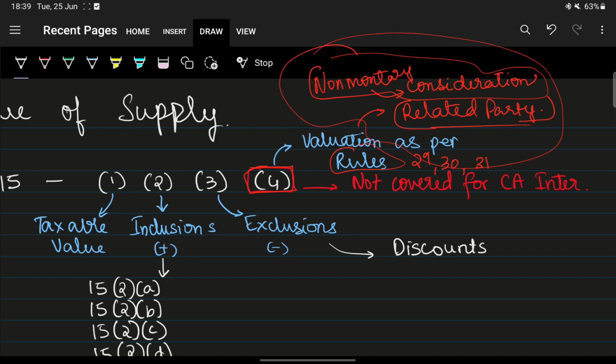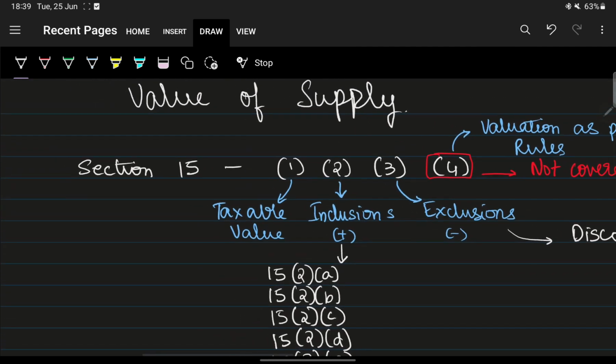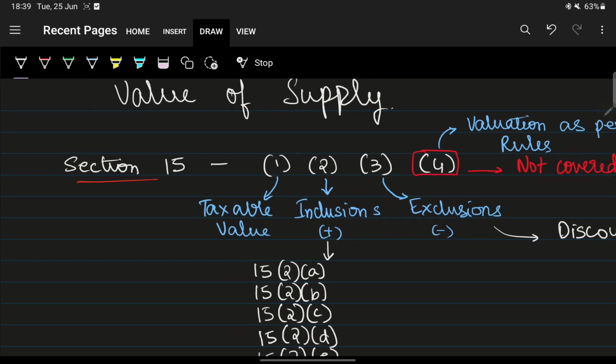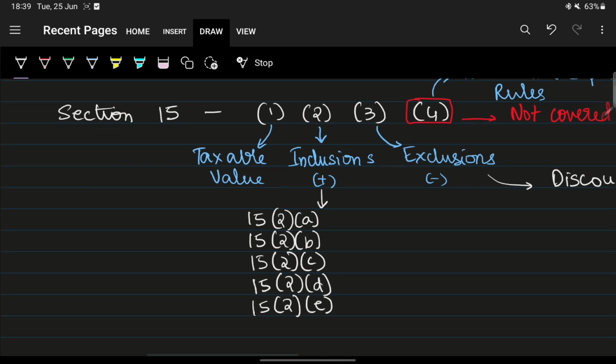Basically we are concerned only with section 15 subsection 1, subsection 2 and subsection 3. Okay, fine, we'll move on.